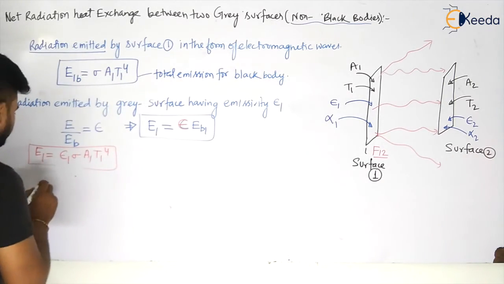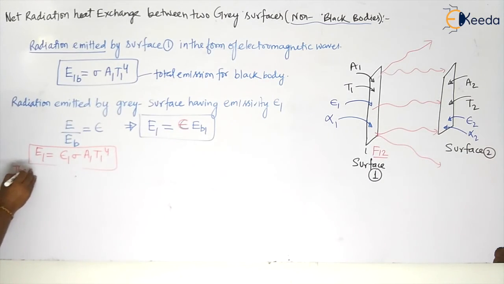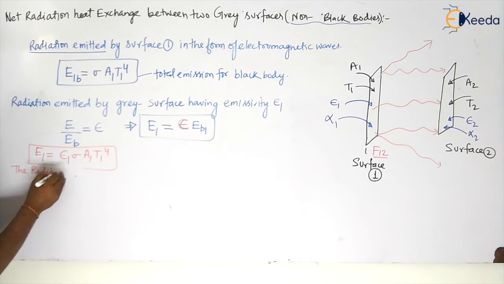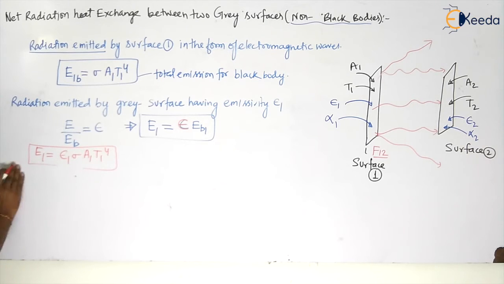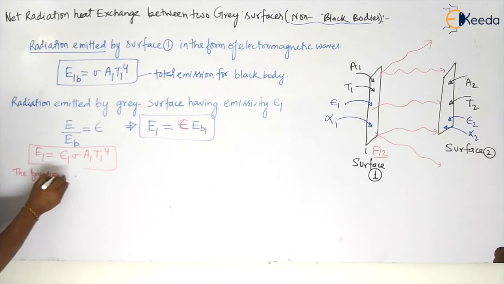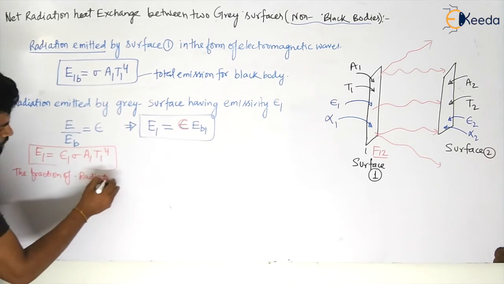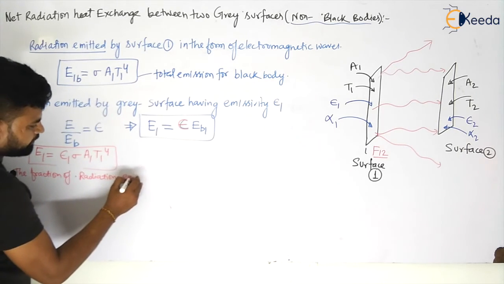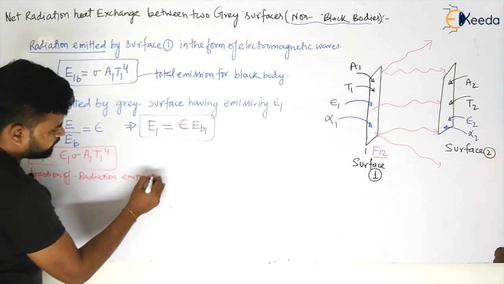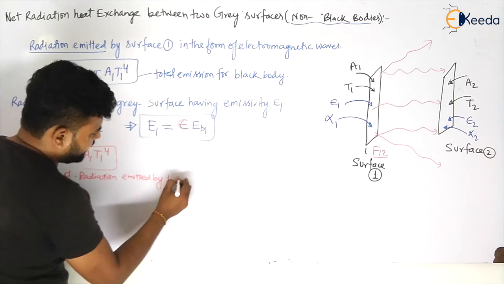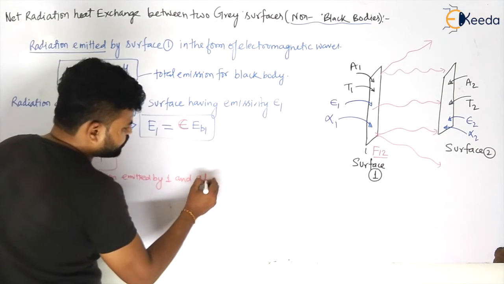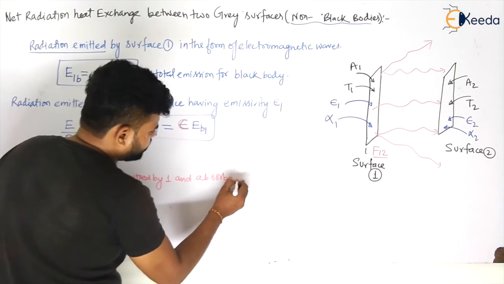Okay. Now, the fraction of radiation emitted by 1 and absorbed by 2.